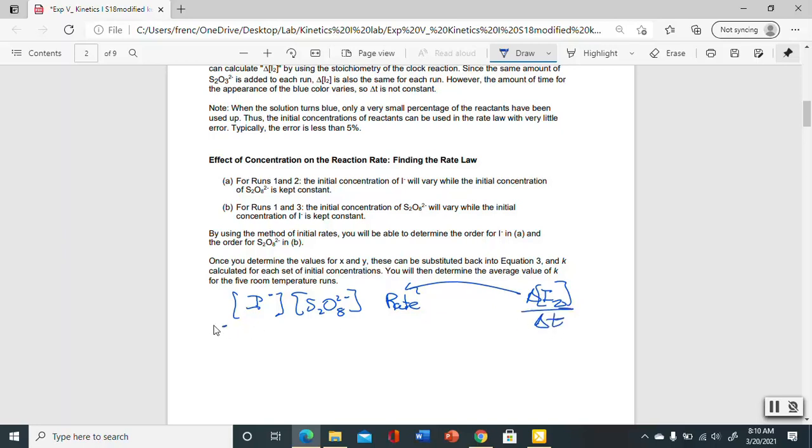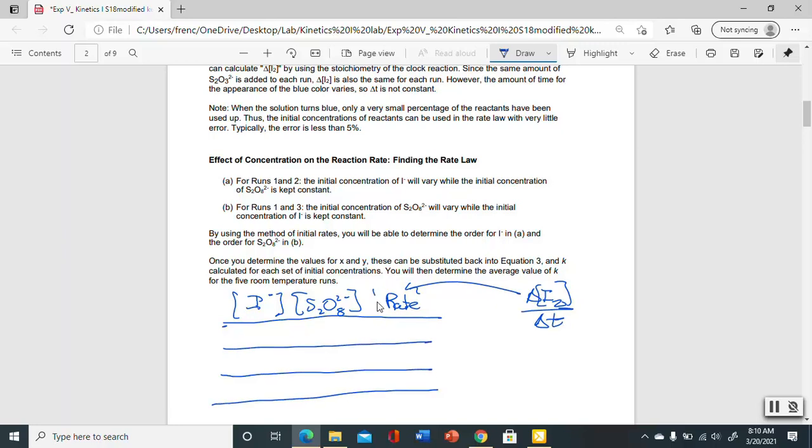Okay? And you're going to have 3 different reactions. You're going to measure the rate by the time. I'll show you in a second how we get the change in iodine. And you are going to be the one who makes these different concentrations, so you'll know what they are. Okay?